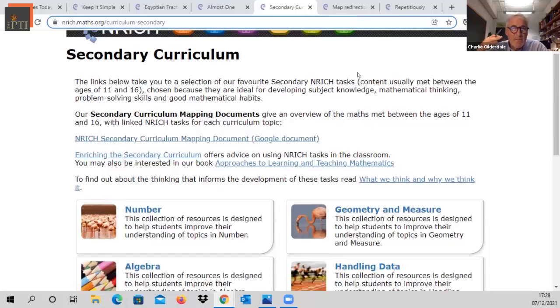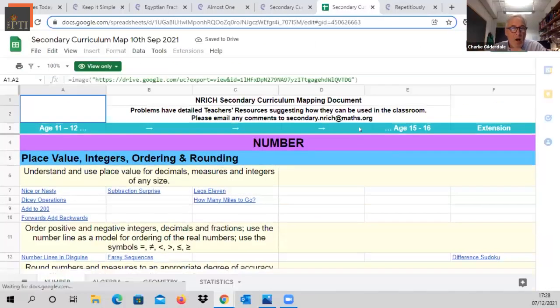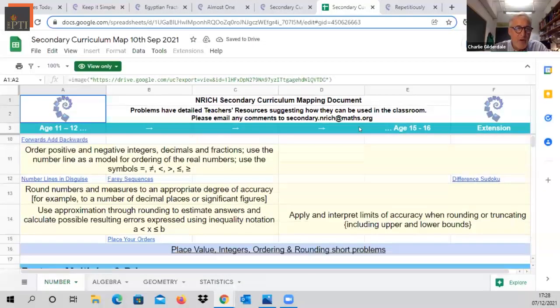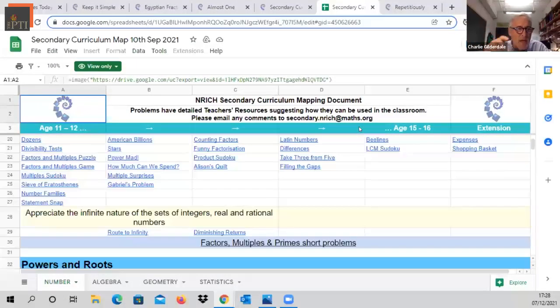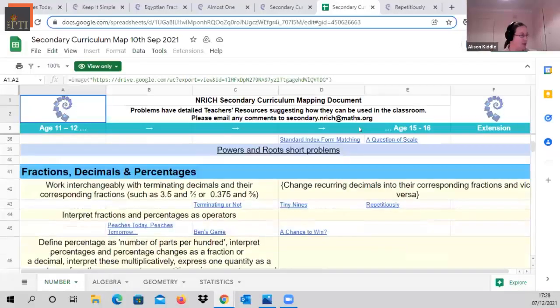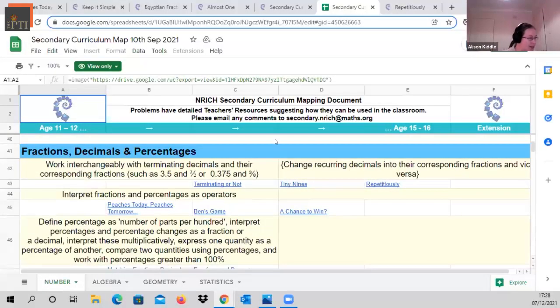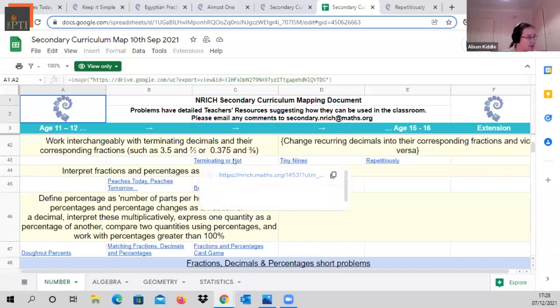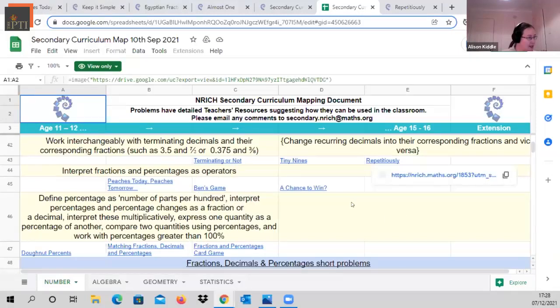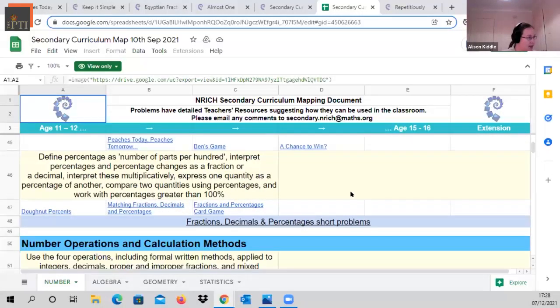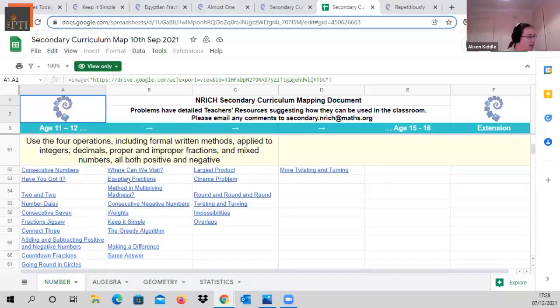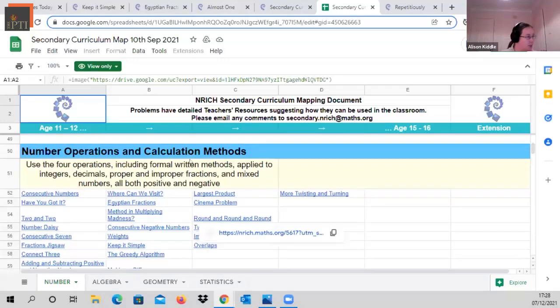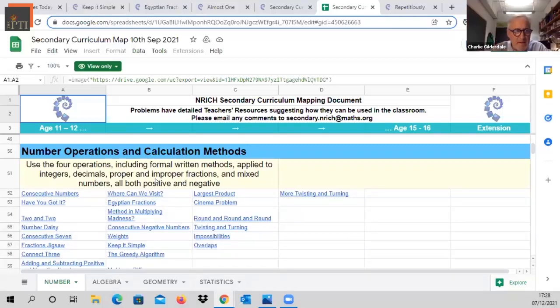That's got our favorite problems on the different topics, organized by number, algebra, geometry. If I scroll down, fractions, here we are. There's Peaches, there's terminating or not, there's repetitiously. And Egyptian fractions is in the number operations because it's about adding fractions and so on. Is that right? Keep It Simple is just below.